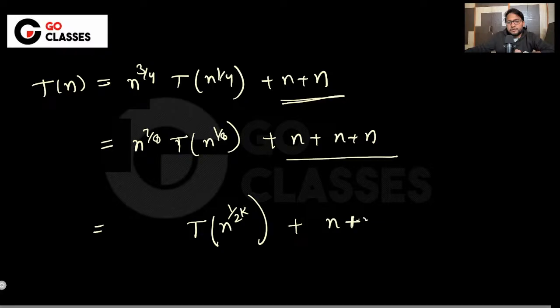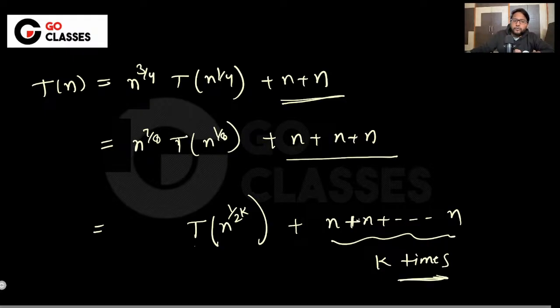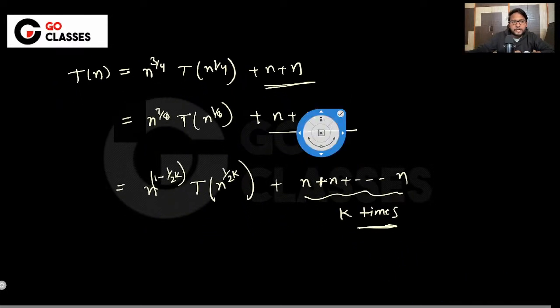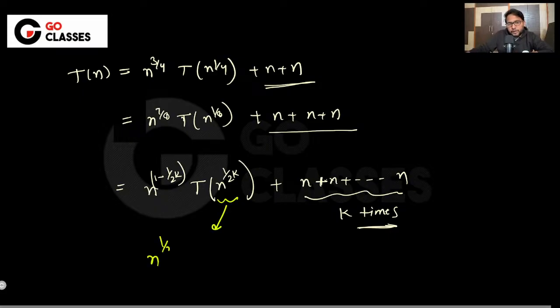Is this okay to everyone? This is k times n. The exponents give you 1 if you add them. Now I want n power 1 upon 2 power k to be 2.